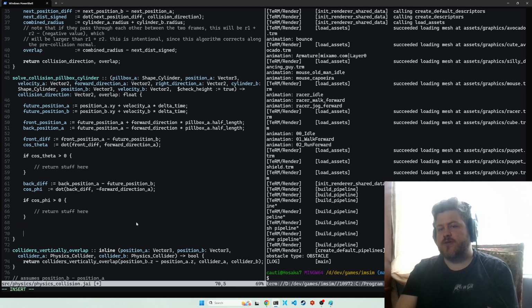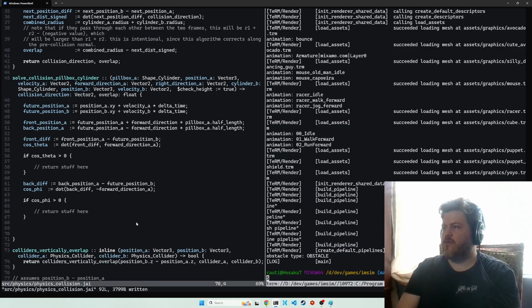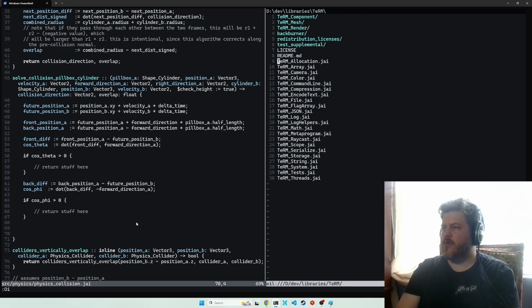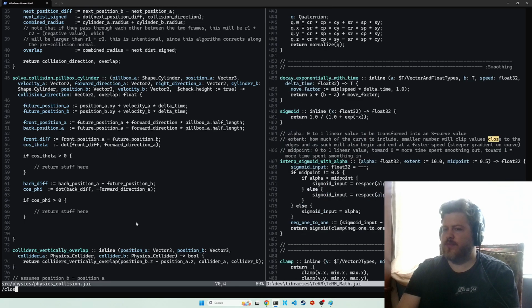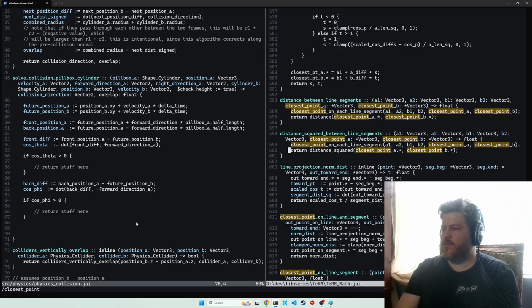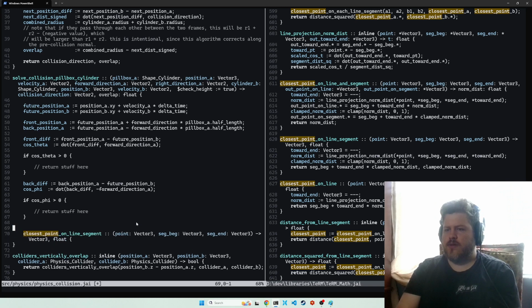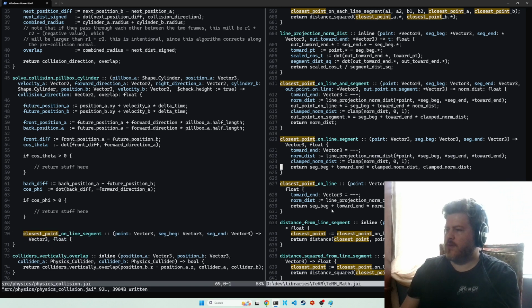I'm going to ask what the closest point on that line segment is to the other guy, right? So for that, I'm going to take a look at a library method that I have for myself here. Closest point on line segment. I guess I need a vector 2 version, so I'll go ahead and do that.